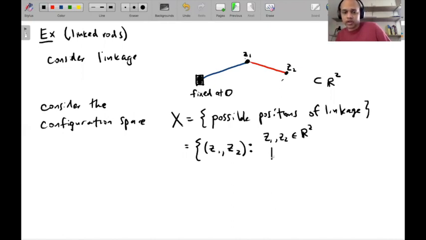So first of all, Z1 has to be distance 1, that's the length of these rods, from the origin. And the distance between Z2 and Z1 is exactly 1. So for any such pair like this, there's a position of the linkage. And every position of the linkage gives you a pair. Okay, so this is the configuration space.